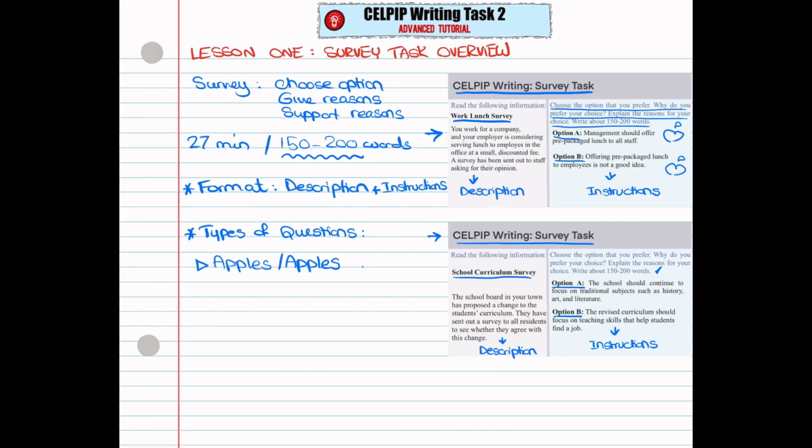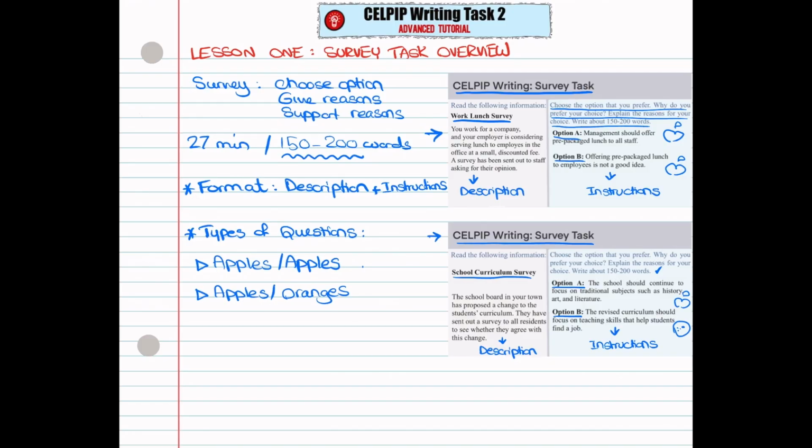In contrast, in apples and oranges topics, you're given two different options. For example, should we focus on traditional subjects, or should we offer courses that are useful for finding a job? As you can see, these are separate alternatives, and supporting or rejecting one side does not necessarily result in the confirmation or rejection of the other.